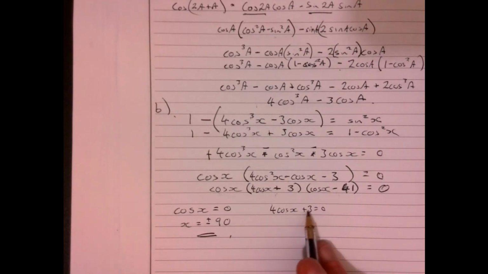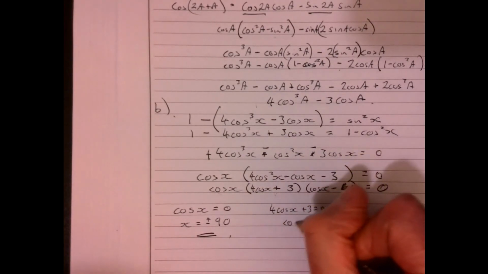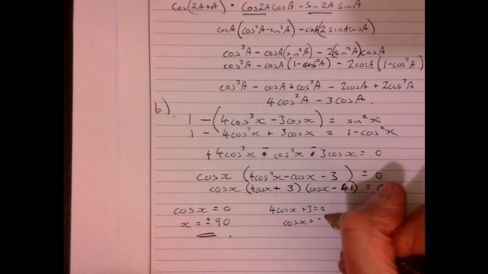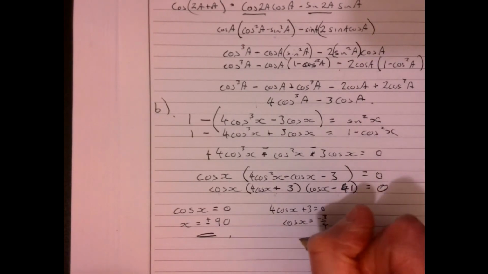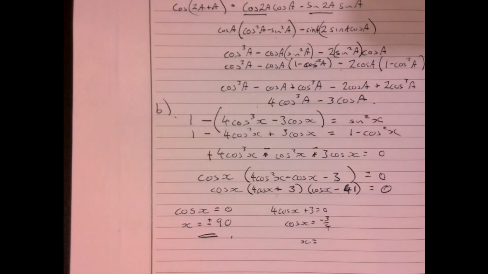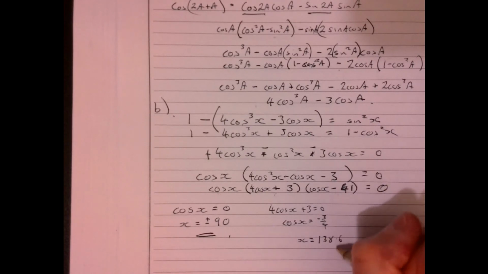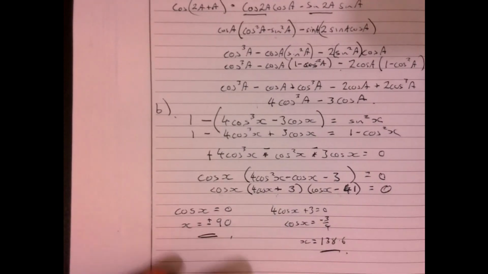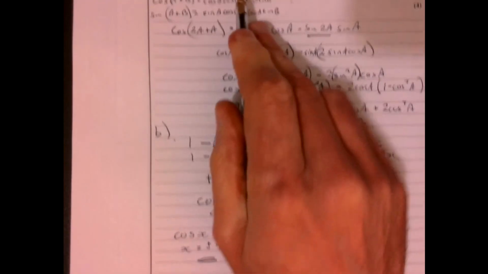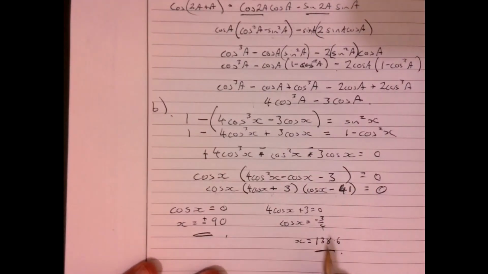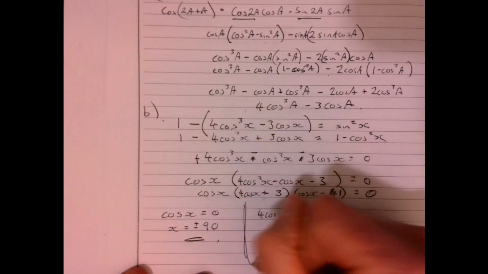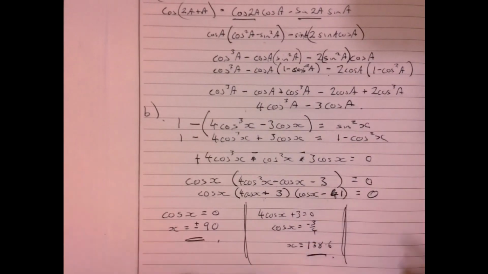Take away 3 and divide by 4, so cos x equals minus 3 over 4. If you inverse cos that, you get 138.6. In the range that we need, minus 90 to 180, that's the only solution there.